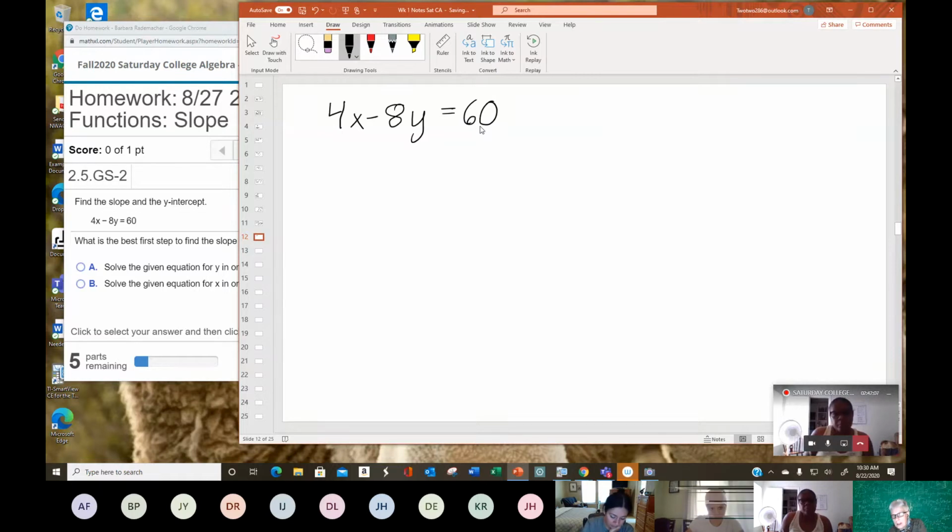Now remember, this is a line in standard form. Y equals mx plus b is slope-intercept form, but this is called standard form. They're interchangeable, and I'm about to interchange standard and slope-intercept.